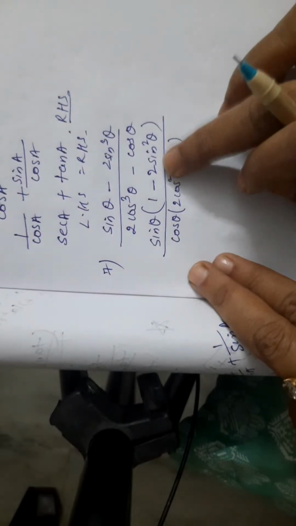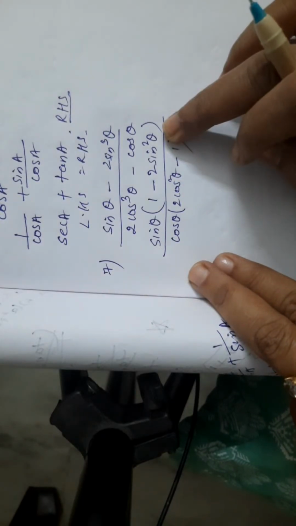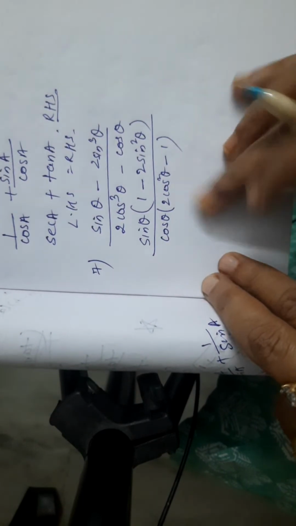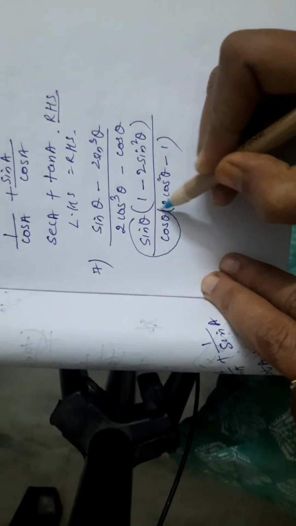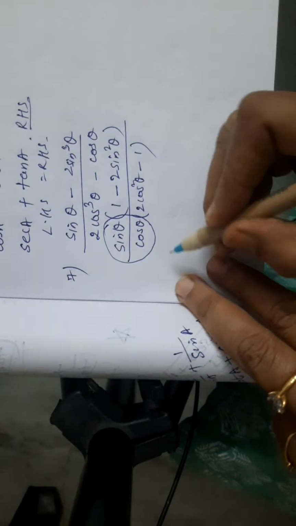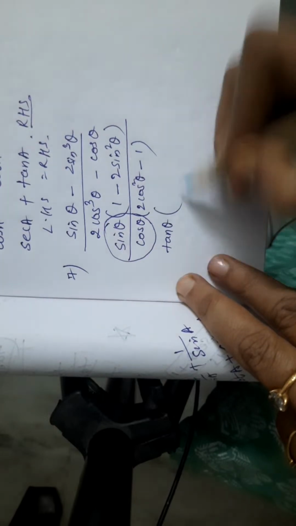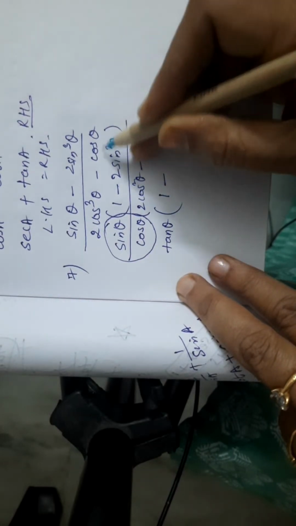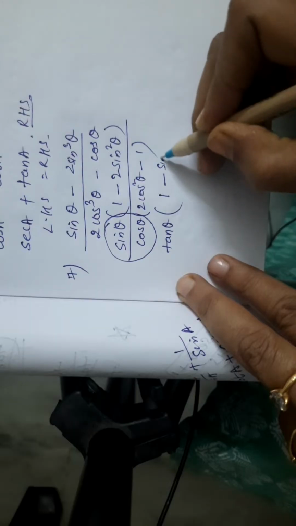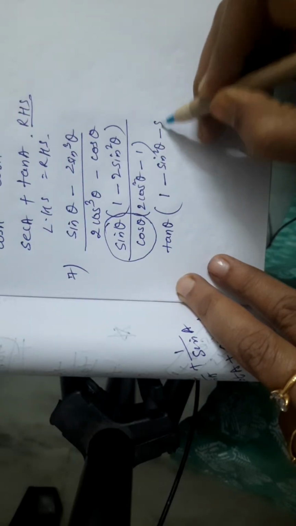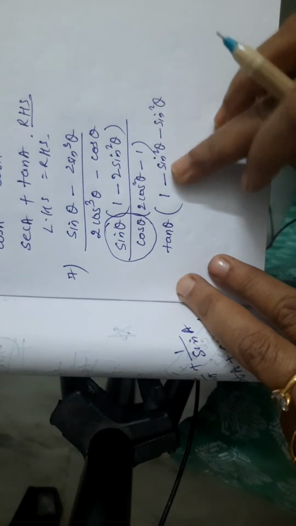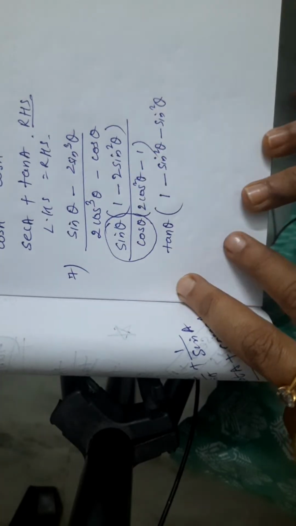Now here the 2 sin square theta is there, and in the same way 2 cos square theta. And moreover we know sin upon cos is tan, so replace this by tan theta. 1 minus 2 sin square theta we can write as 1 minus sin square theta minus sin square theta. Minus sign to be taken.